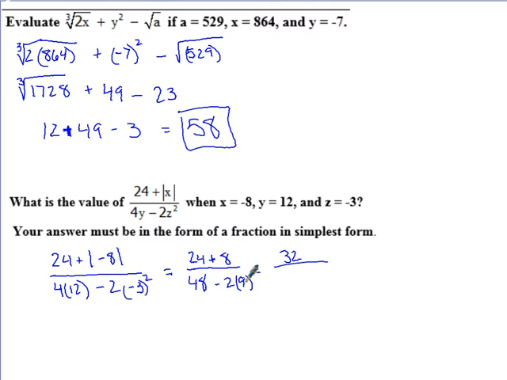And on the bottom, I have to do multiplication before I can do subtraction. So I have 48 minus 18. 48 minus 18 is 30. So I have 32 over 30. And I need to just put that in simplest form. 32 over 30 would simplify to 16 over 15, and I would leave my answer as a fraction.